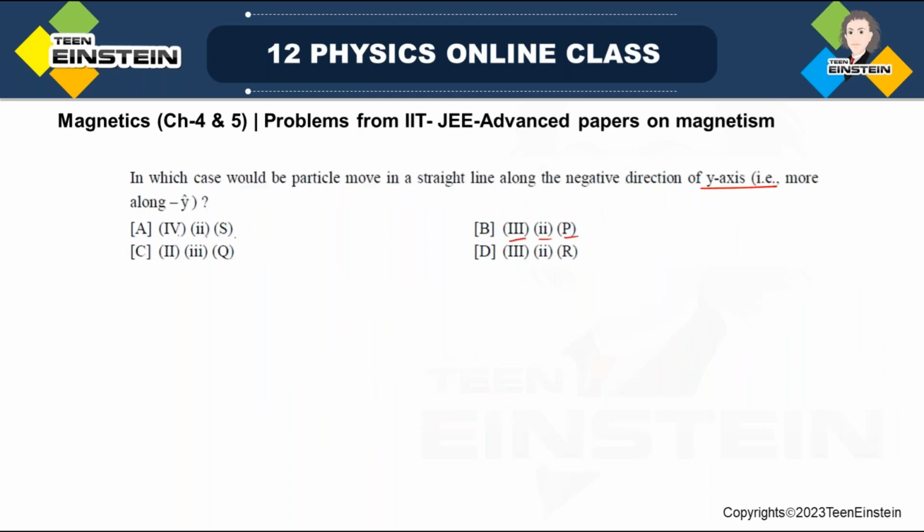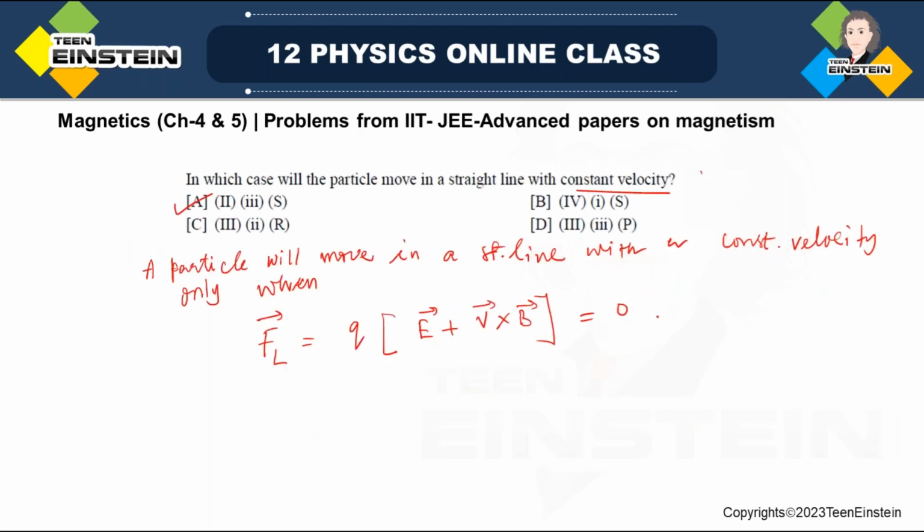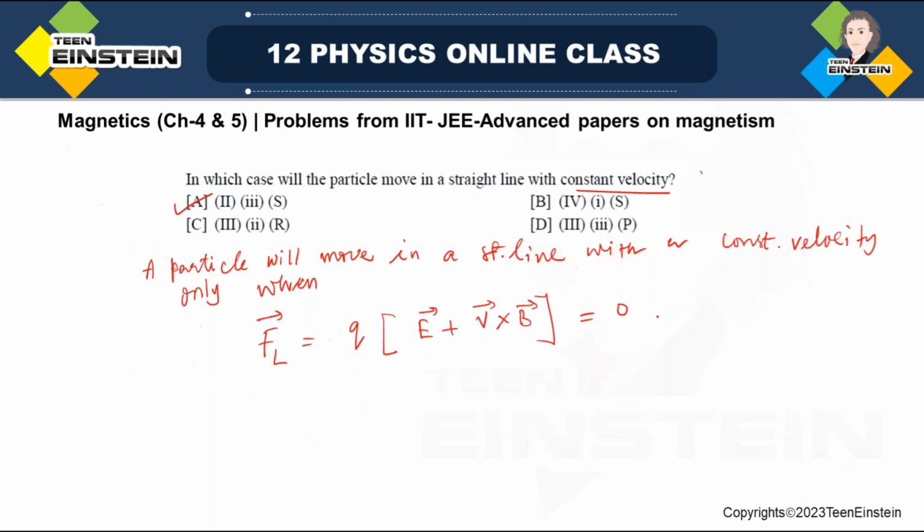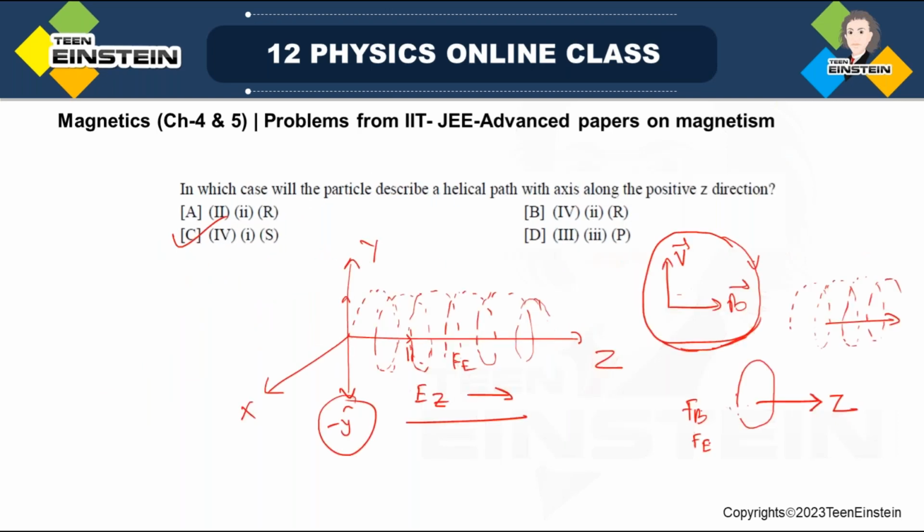In which case does the particle move in a straight line along the negative direction of y? That is, more along negative y. So which has more value along negative y?